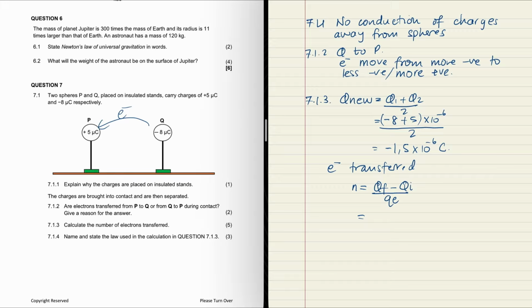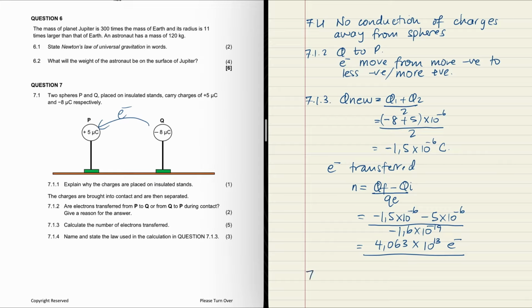So the final charge for P is -1.5 times 10 to the -6 minus the initial charge of P, which is 5 times 10 to the -6, divided by the charge of an electron, which is -1.6 times 10 to the -19. And that's going to give us 4.063 times 10 to the power 13 electrons transferred.